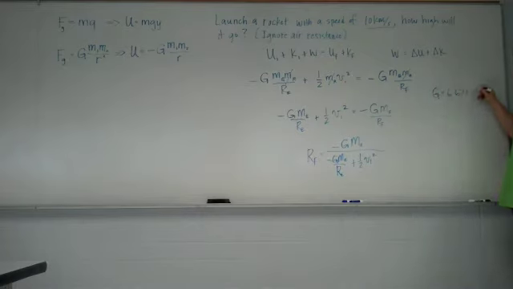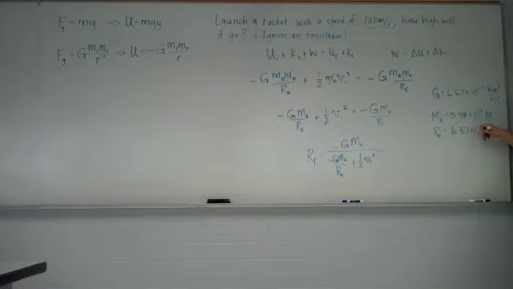So G is 6.67 times 10 to the negative 11. Mass of the Earth, 5.98 times 10 to the 24, I believe. If someone wouldn't mind looking up the radius, it's like 6.3 something. I think it's in the back cover of your book. 6.37 times 10 to the 6th.